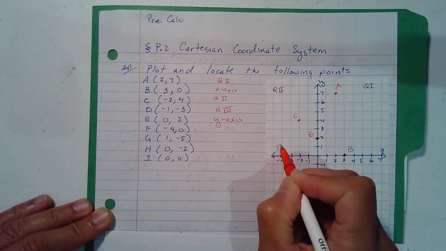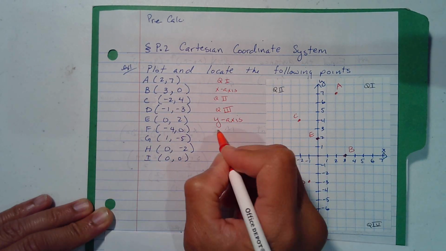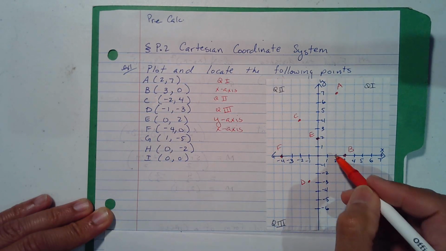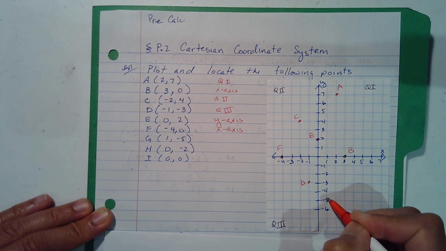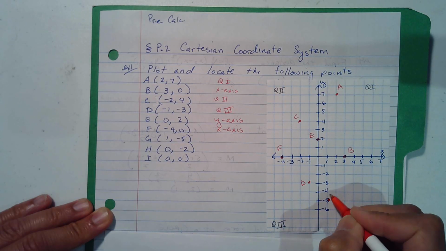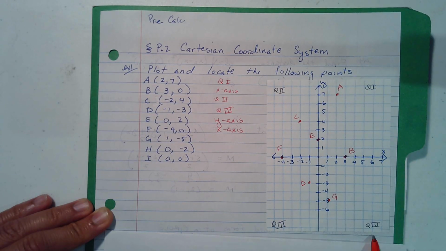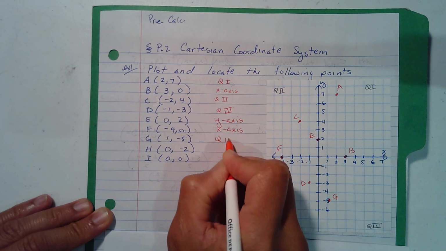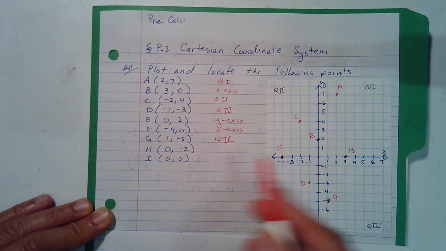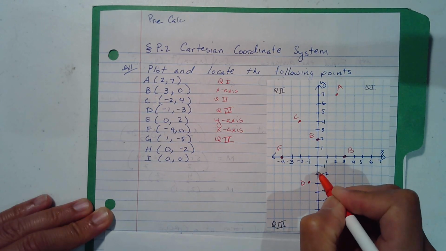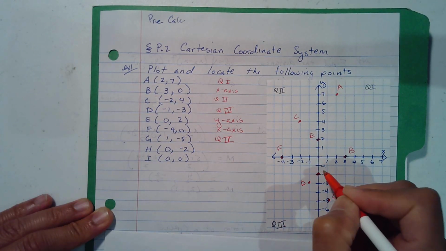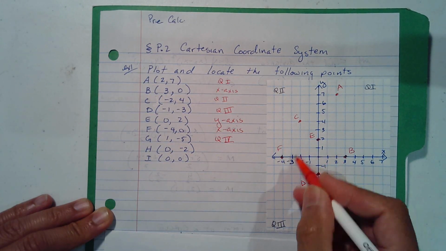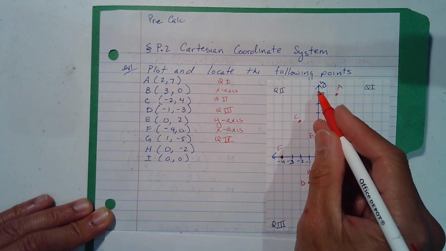So that's F. That's on the x-axis. (1, -5) is G, and that's in the 4th quadrant. (0, -2) is H, and it's not in a quadrant, so it's on the y-axis.